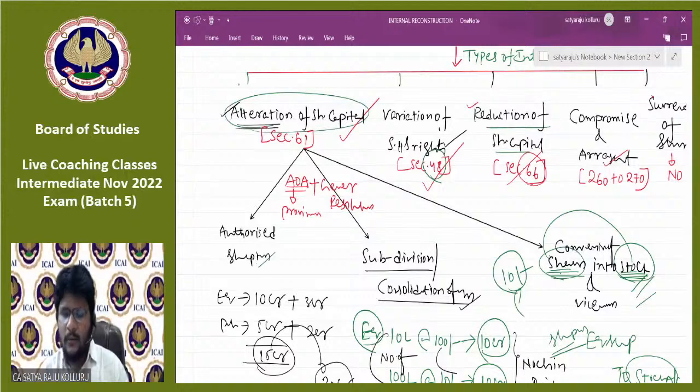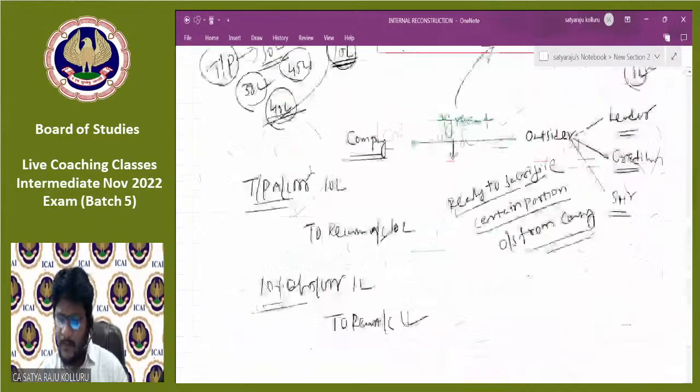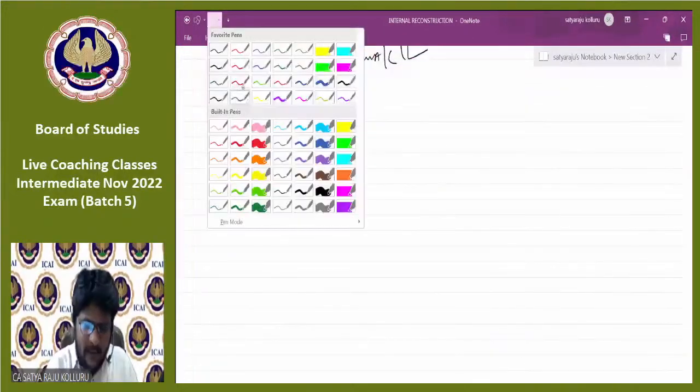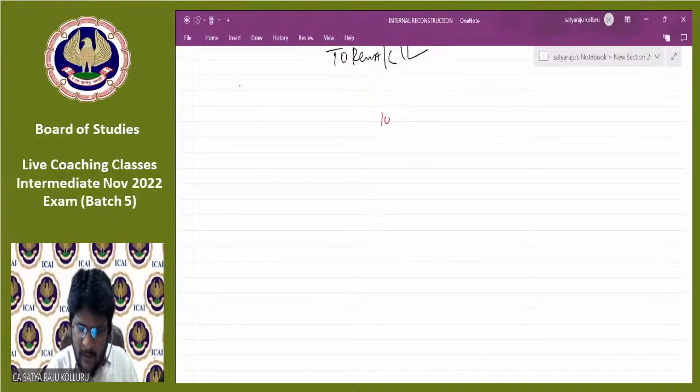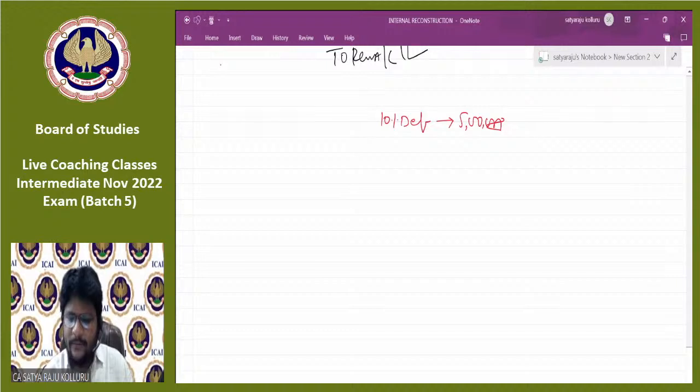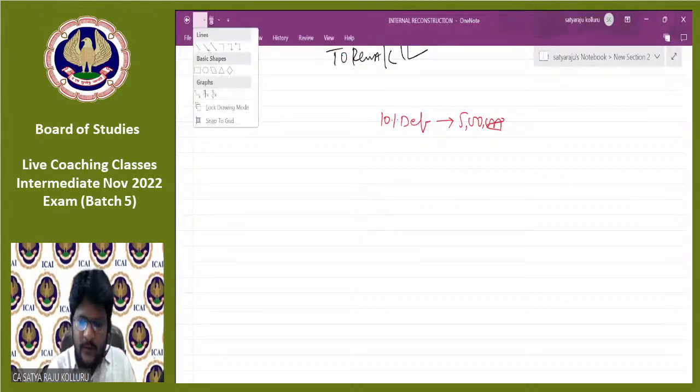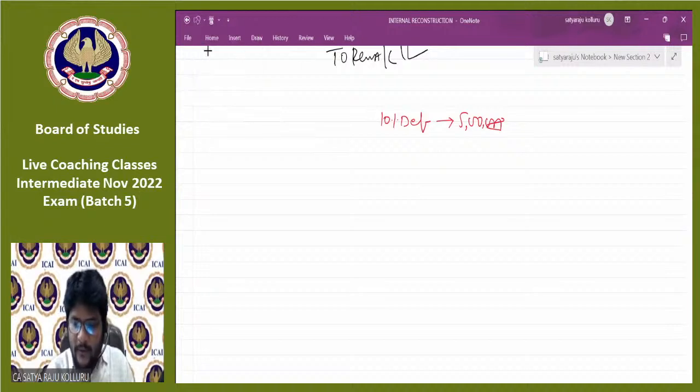Concentrate. Let me continue the same example. The existing debentures were 10% debentures and the worth was 5 lakhs. Now, in the adjustment, it is clearly given that out of the 5 lakh worth of debentures, 1 lakh amount was ready to sacrifice.